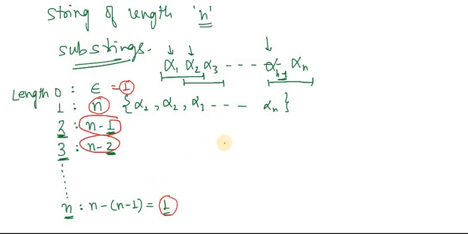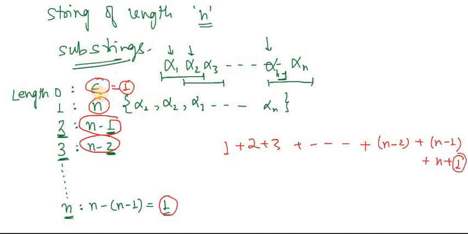If we sum all this, that is 1 plus 2 plus 3 up to n minus 2 plus n minus 1, and then in the end plus n. And plus 1 for this epsilon.